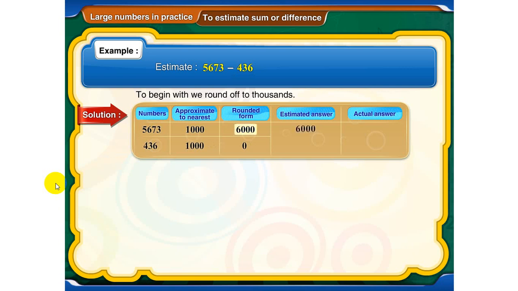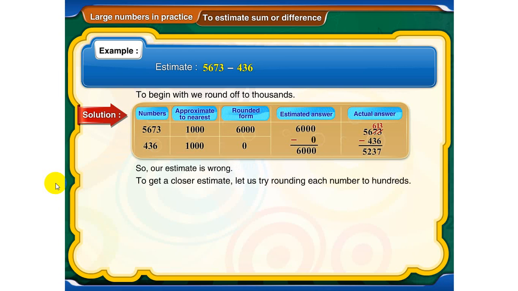Estimated difference of 6,000 and 0 is 6,000 and the actual answer is 5,237, which is smaller than 6,000. So our estimate is wrong. This is not a reasonable estimate.